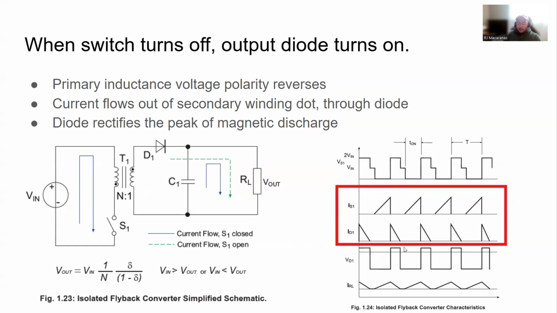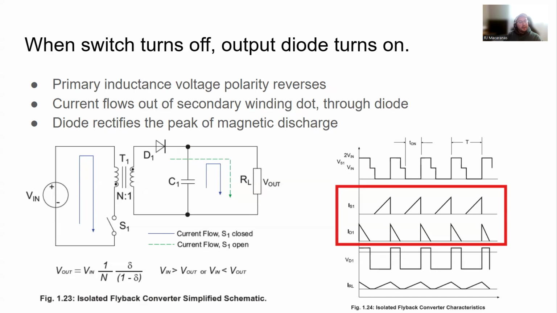So it turns on and captures this peak value of the switch voltage. Hence the peak rectification. It's conducting so long as that switch voltage sees the peak value, and it's sending that magnetic discharge energy to the output.